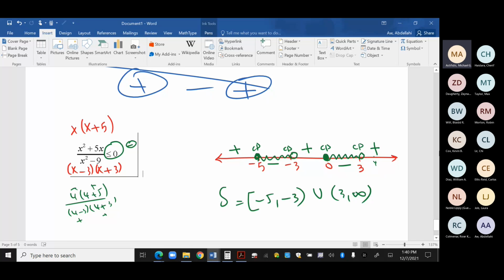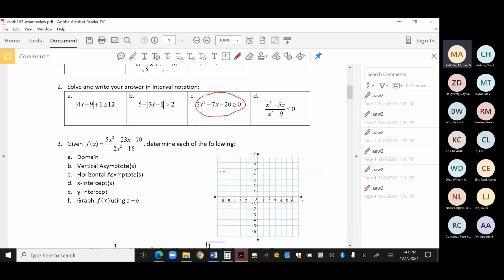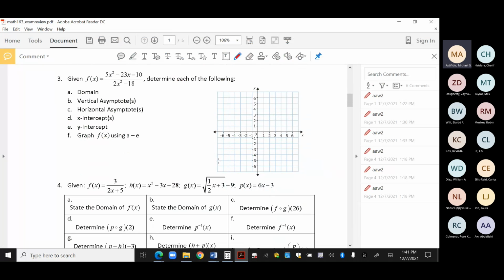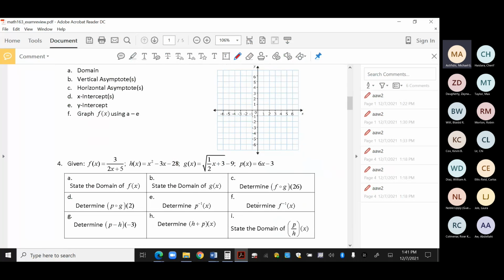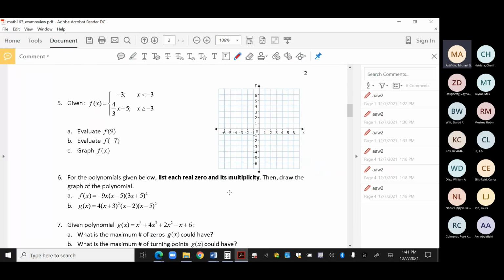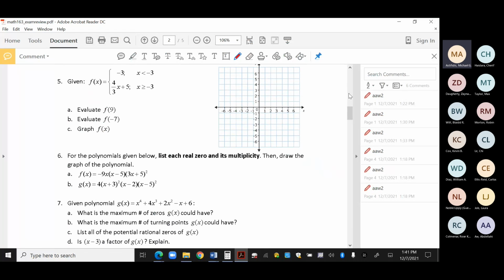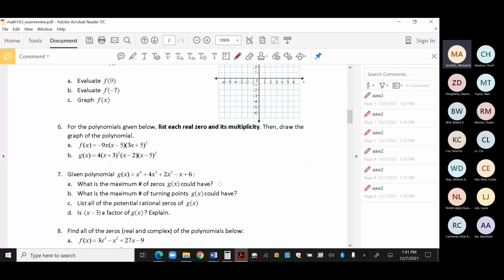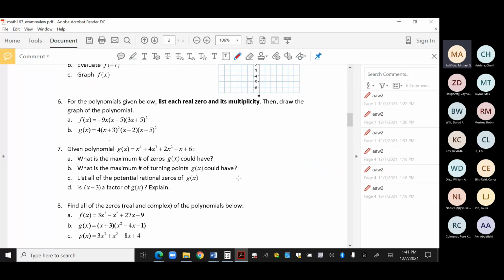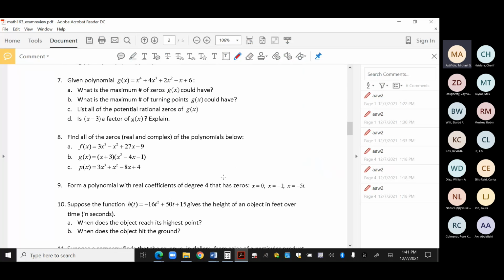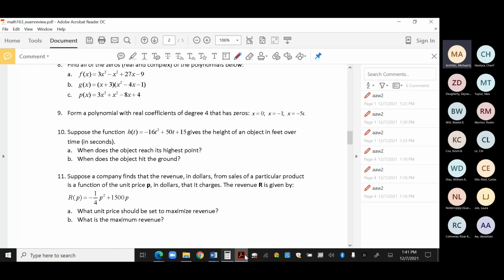When you come back Thursday, we're going to try to go over the review and see how we're going to do number 3, number 4, etc. The review is very comprehensive, right? So remember how to graph a piecewise function, how to graph a polynomial, how to find the zeros, etc. Okay, so we're going to dismiss the class today.